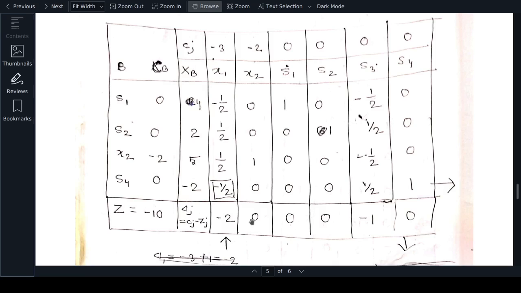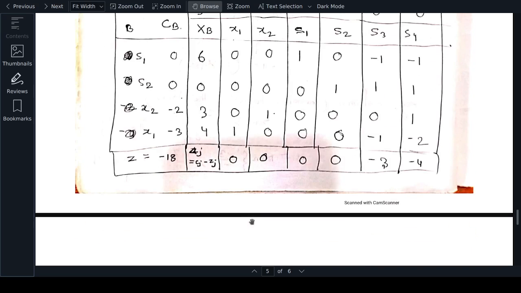After the second table, you apply the same process, from the second table to the third table. From the second table, can we say that we get an optimal solution? No, sir, because we have negative delta J values.